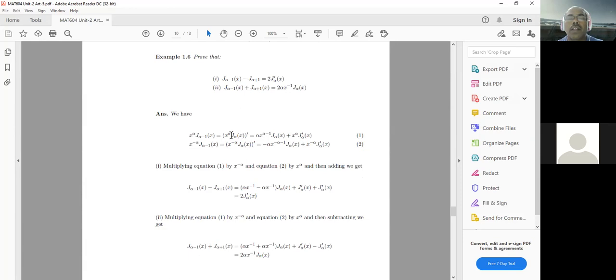Right? And if you take the derivative of the product of two functions by the product rule, what is it? First, I will say this as the first function, so its derivative is alpha into x to the power alpha minus 1, that I have here. And put the second function as it is.